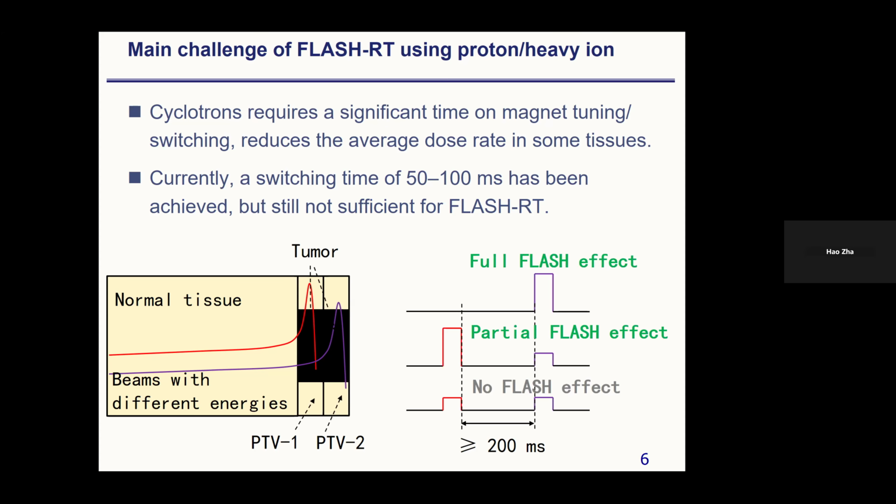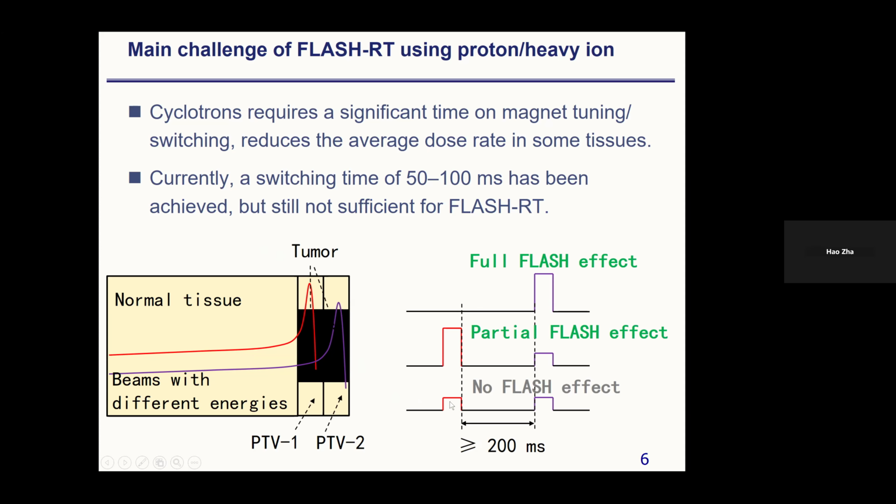For example, if the tumor is large, we may need two beams with different energies. The time of switching from one energy to another is normally very long, for example, more than 200 milliseconds.